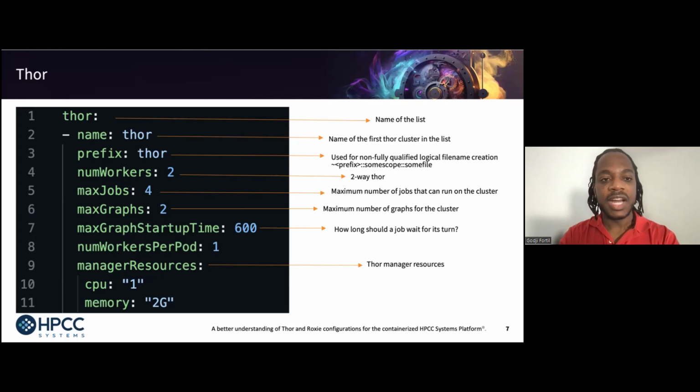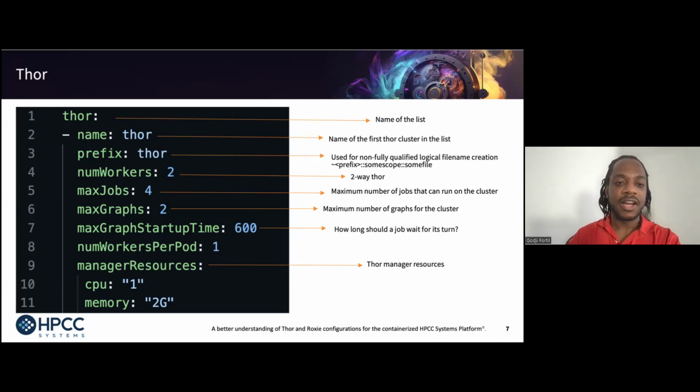On the fourth line, we have number of workers. That is basically how many workers are in the cluster. So right now we have a two-way cluster. And the fifth line is max jobs, which is basically the maximum number of jobs that can run on the cluster.